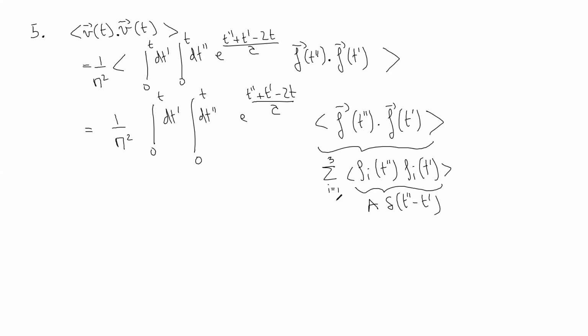So altogether, there is a factor 3 because this is independent of i. And so we end up with 3 over m squared times A. And then you remove one integral by equating t second and t prime.